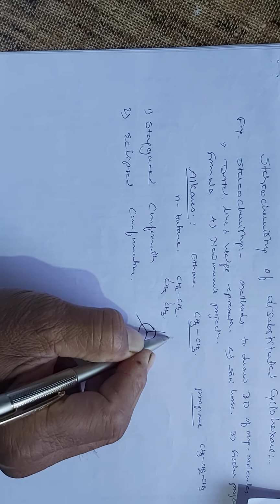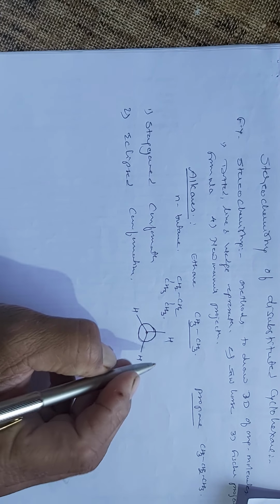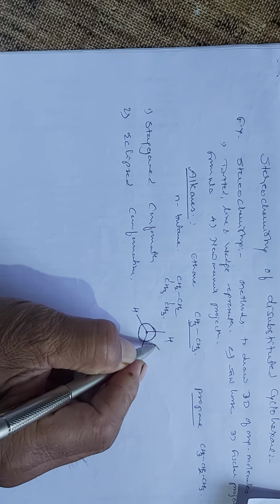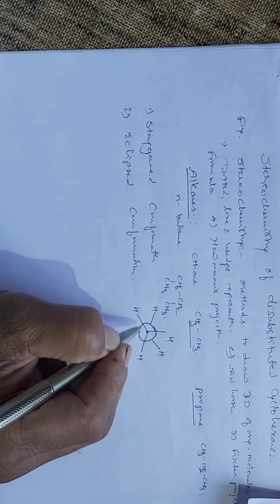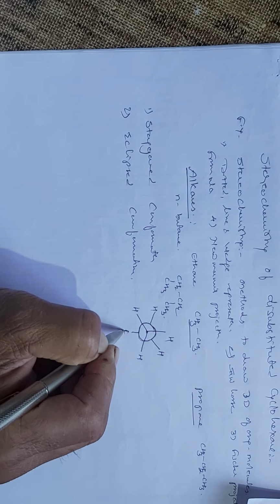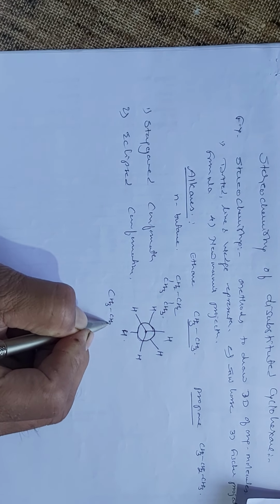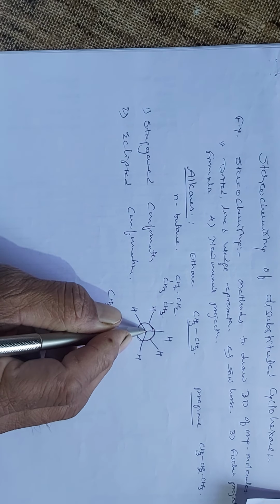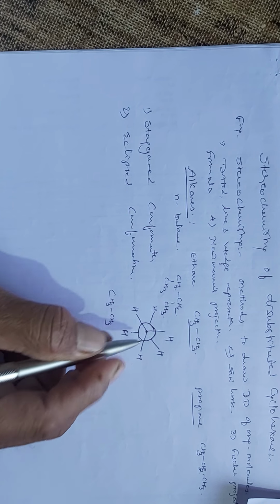Here we are just drawing the structure of ethane, and the bonds which come up to the periphery of the circle are the bonds of the rear carbon atom. And so here we get the structure of CH3, CH3.